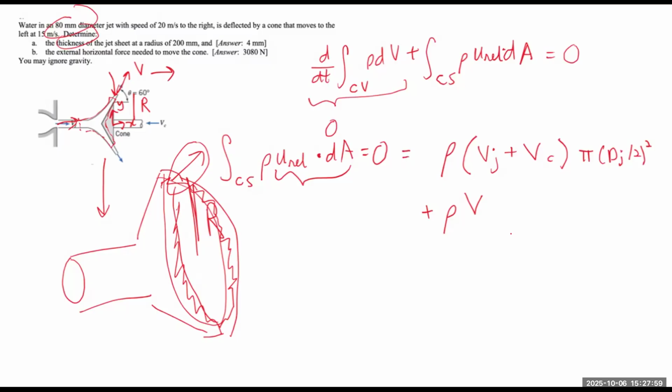So basically, we know that this is r, so the surface area will be equal to 2 pi r times t, because t is the thickness. And it's going to be times 2 pi r t.